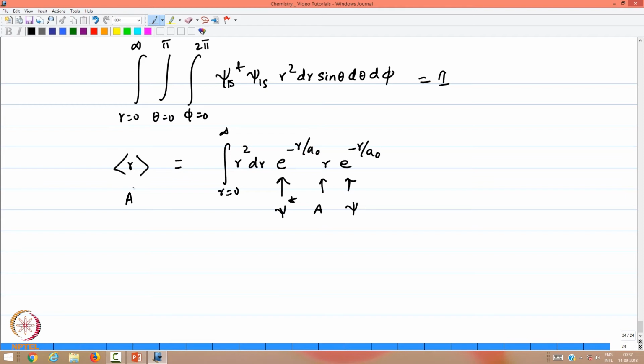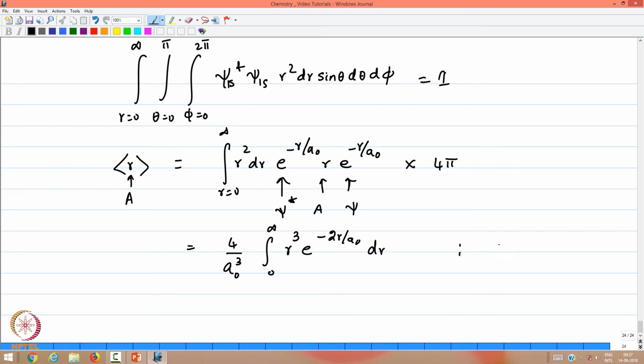So, if this is the operator a, and then of course, there is no other angular part. So, the angular integral will give you anyway 4 pi. Okay. So, what you are calculating is essentially 4 by a naught cube, cancelling off the pi's, the integral 0 to infinity r cube e to the minus 2r by a naught dr.